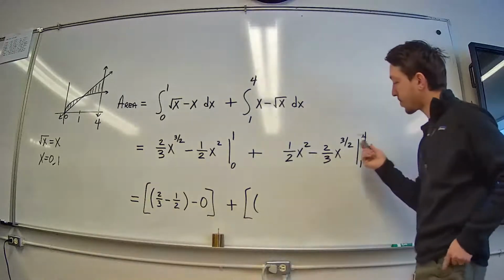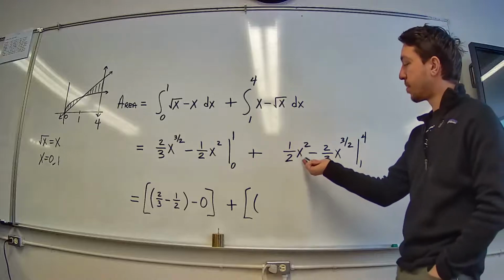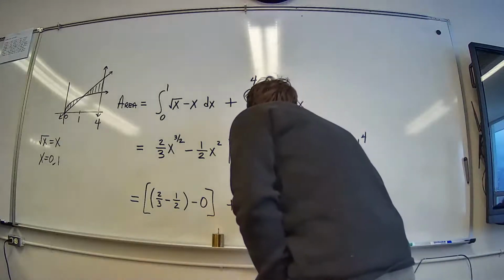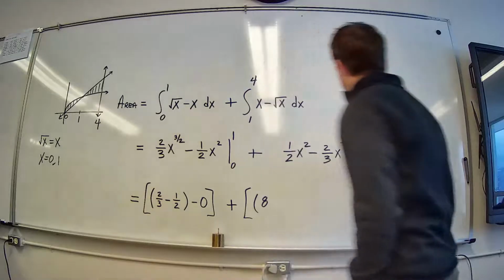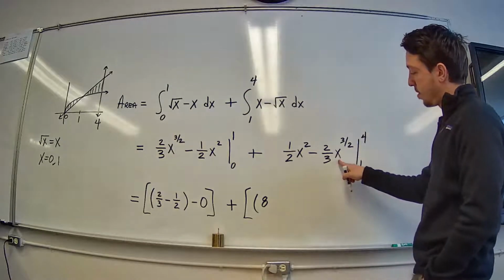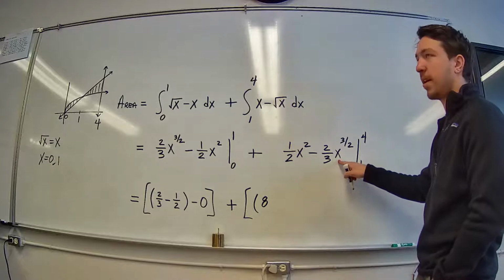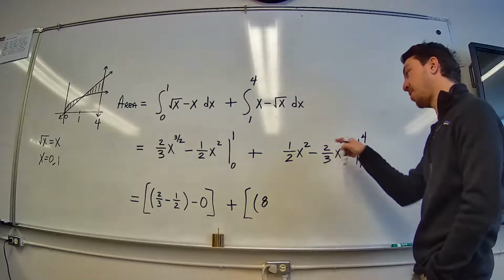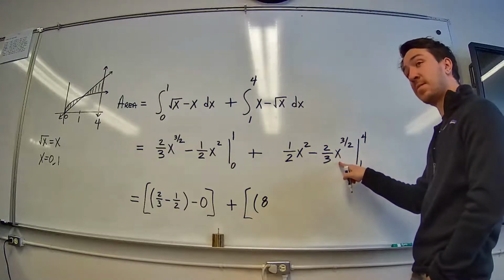let's plug in the 4. 4 squared halved is 8. Plug in the 4 here. What's 4 to the 3/2 power? 16. Oh, sorry, it's going to be 16 after you multiply by 2, but 4 to the 3/2 is 8, right?